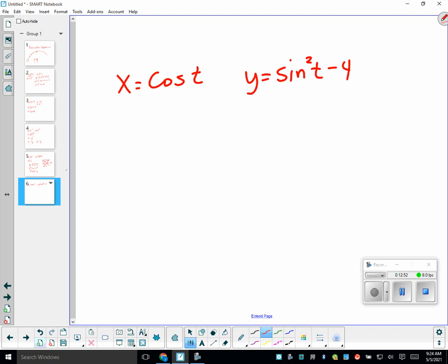So, we know there's an identity that is sine squared plus cosine squared equals 1, don't we? Yes. So, I have a sine squared. How could I get a cosine squared? Square both sides? Would you agree?